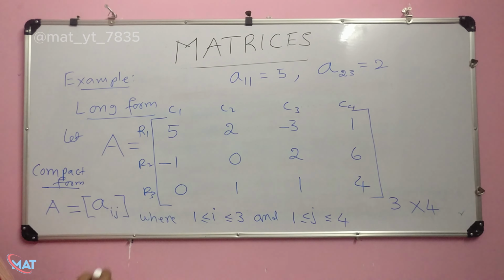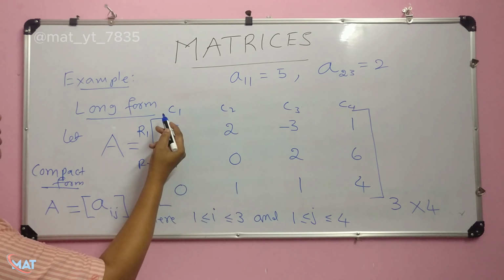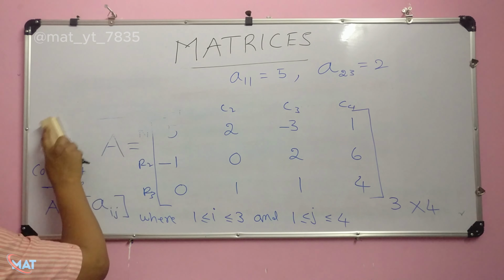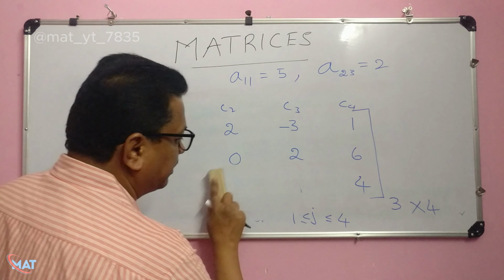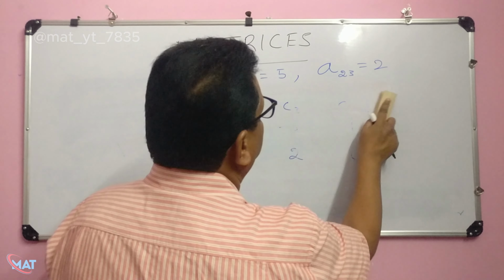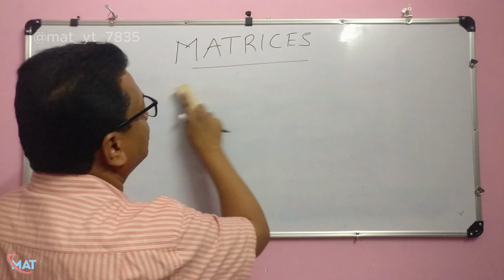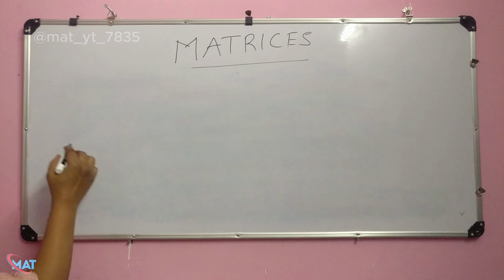Here I have covered how to count rows. The topic 2 is covered. Rows are counted from top to down. Columns are counted from left to right. Let us make it clear. In the first part of the fundamentals of matrices, I covered the definition with note points and one example showing long form and short form.